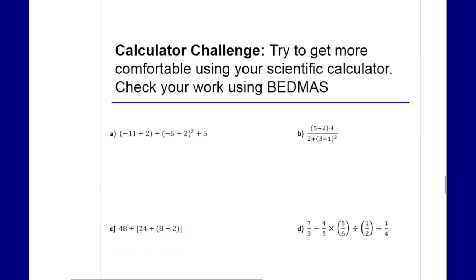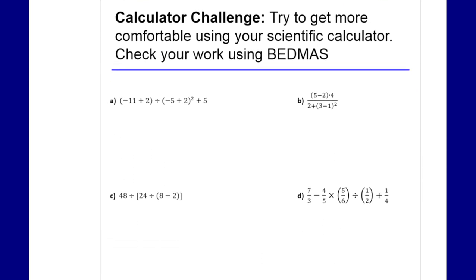Now, with some of these complex BEDMAS questions, if you're comfortable with your scientific calculator, you can enter these right into your calculator, and the calculator will go through the order of operations on its own. You want to be careful though, because depending on your calculator, you might have to be very specific on how you enter it. In some cases, you might be able to enter it exactly as you see it.